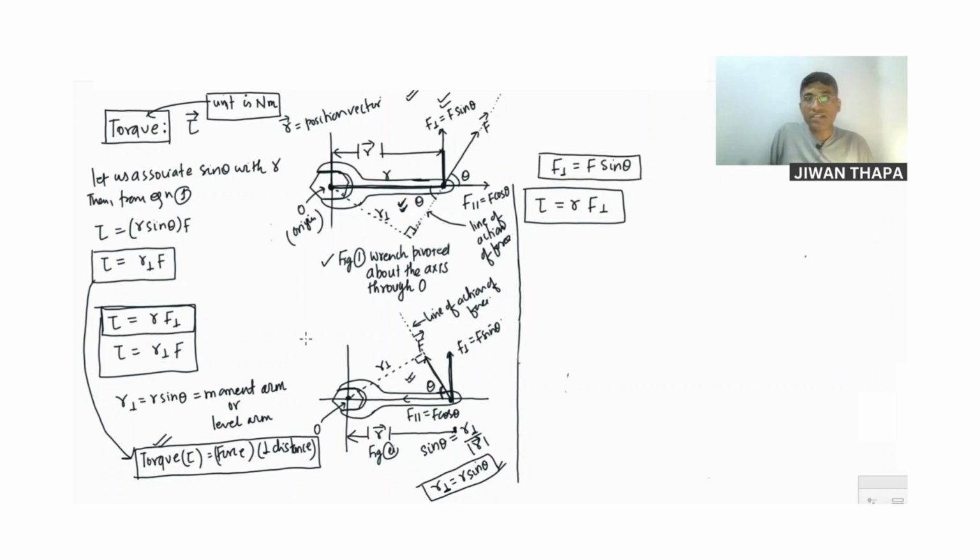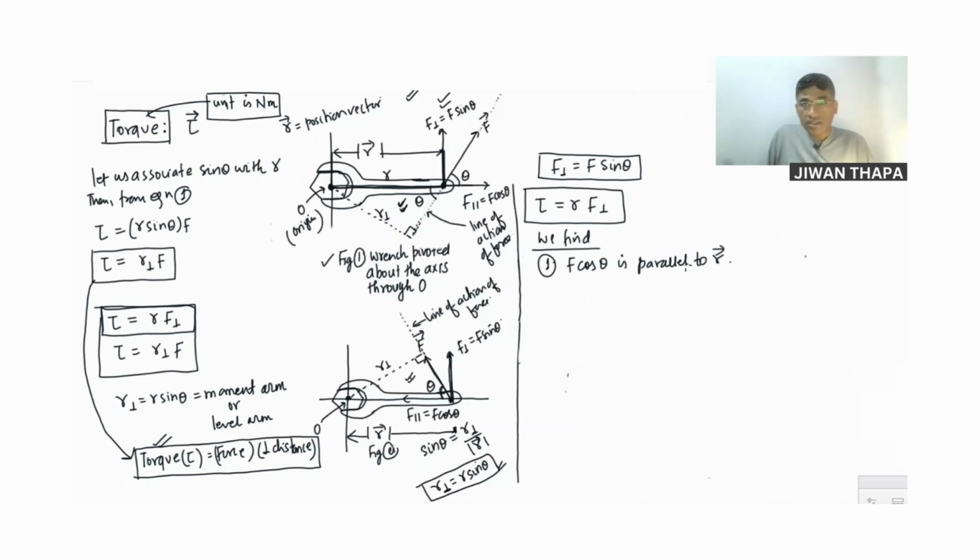What we find is that the parallel component, that is F cos theta, is parallel to the position vector.